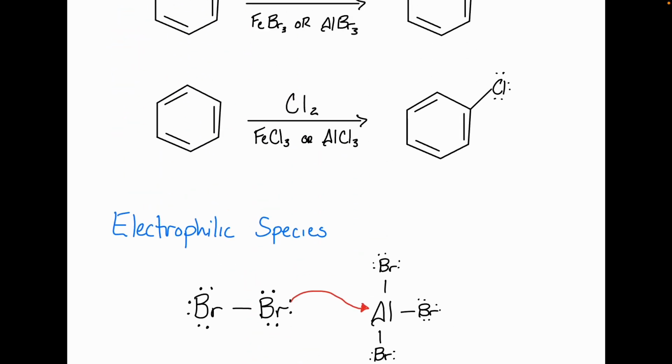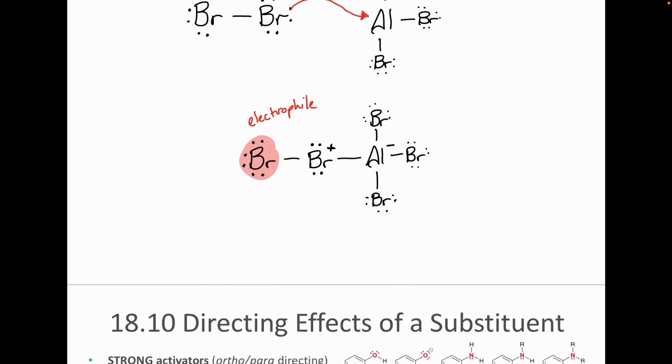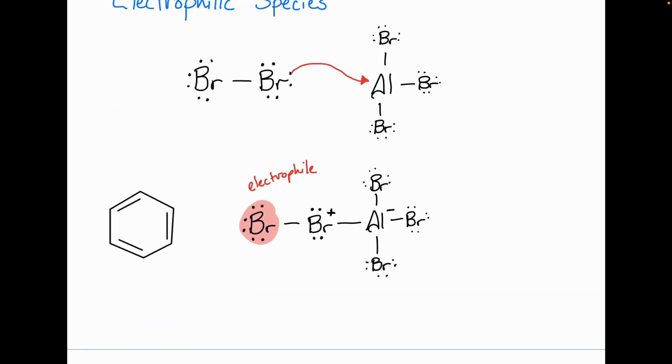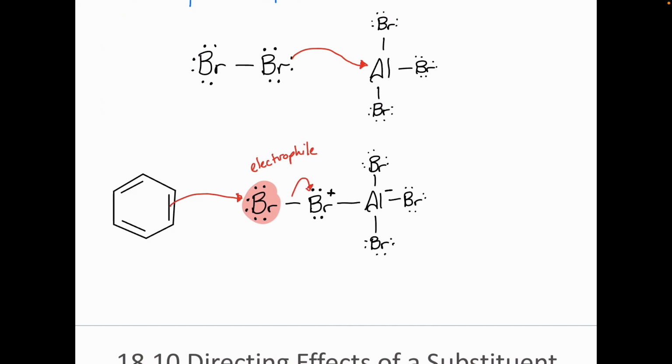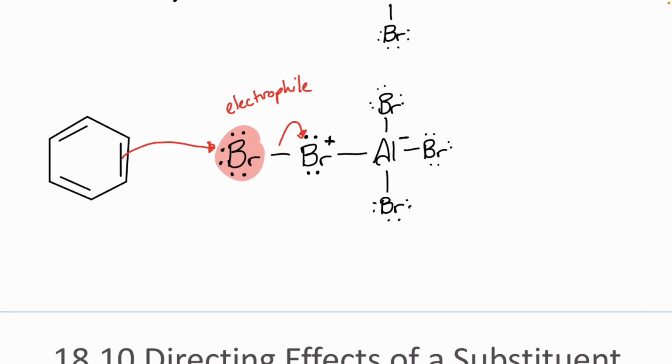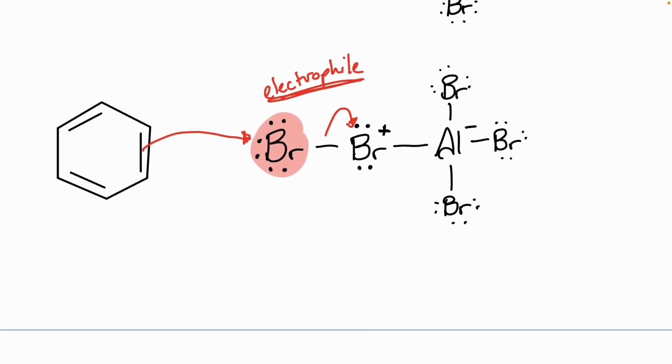When that benzene ring comes along and attacks, it's going to give up that pair of electrons to that bromine with that positive charge. This halogen forms this complex with this metal that makes it much easier to take that pair of electrons away from that halogen. Makes it a much better electrophile, right?